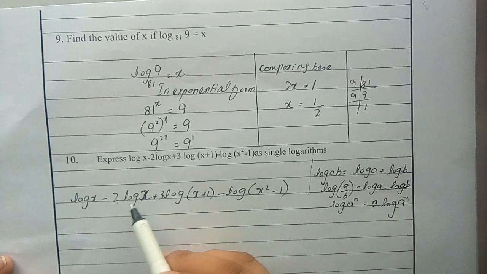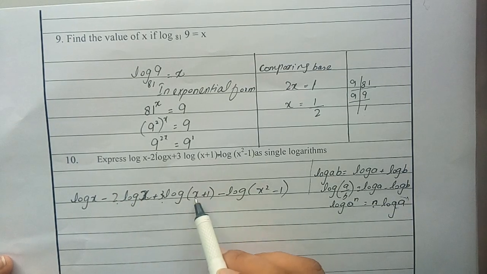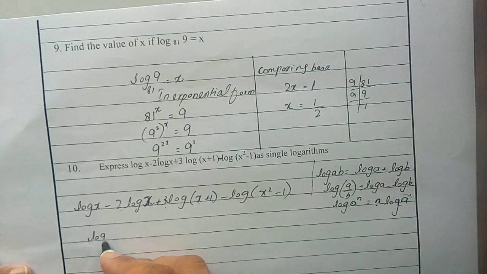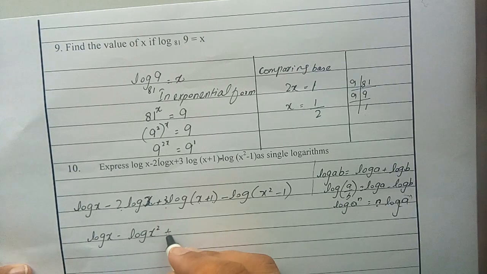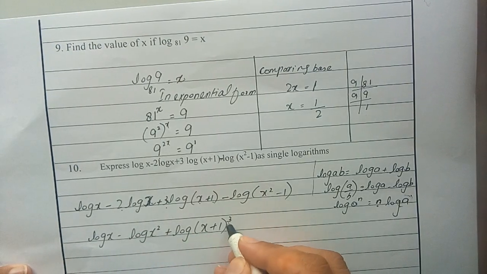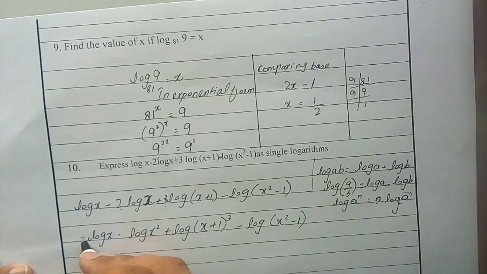So here 2 is written before logarithm. Actually 2 is a power of x, 3 is a power of x plus 1. So before writing in a single logarithm, write log x minus log of x square plus log of x plus 1 raised to power 3 minus log of x square minus 1.